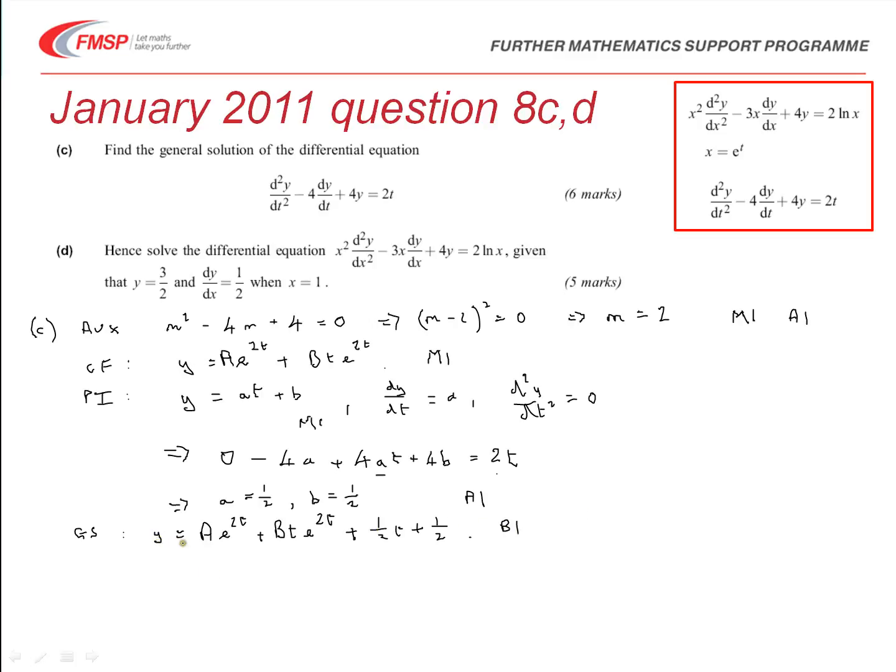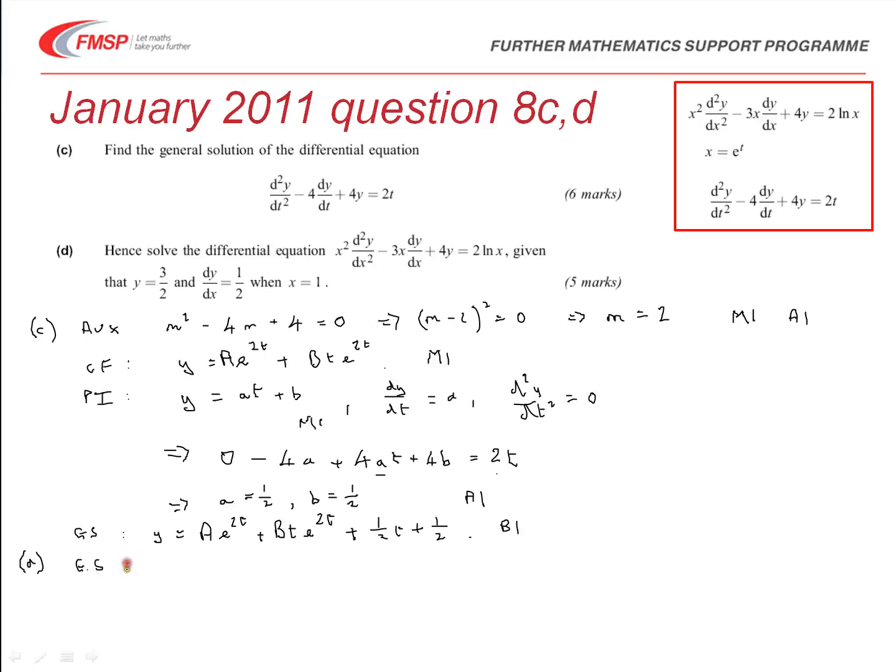Okay, then finally we're into part D. Now in part D we're now going back to solve the original second order differential equation given those conditions. So firstly we've got the general solution.